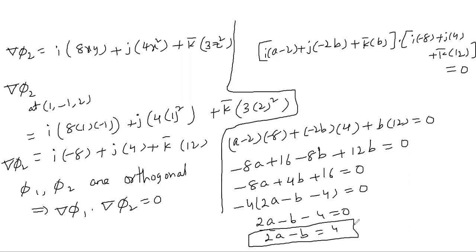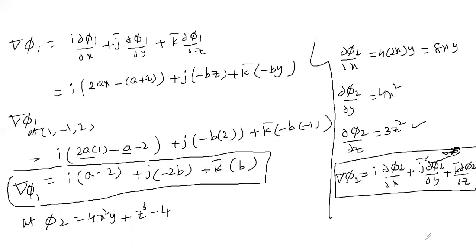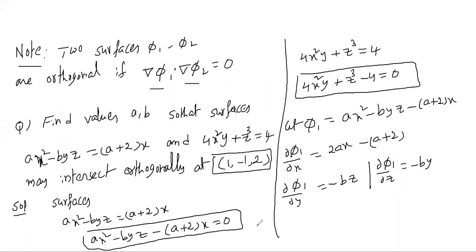We need one more equation. So when you do the dot product, you got one equation involving a and b. That means we need one more equation. How will we get one more equation? See the question. These two surfaces intersect at the point 1 comma minus 1 comma 2. That means, for example, the first one is pi 1, the second one is pi 2.